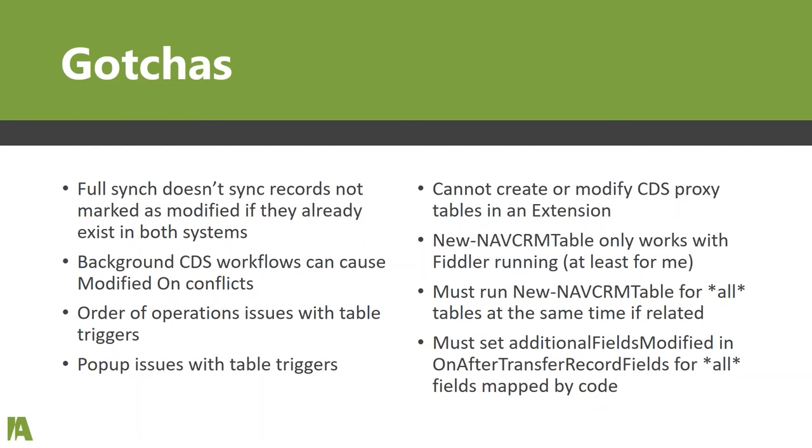But the out-of-the-box mapping is not going to call that function. Also, so that they can be used generically, all of the code unit functions that actually map things across are called with record references. And the downside of a record reference is you can set all of the data properties on them, but you can't call the functions of the underlying table.